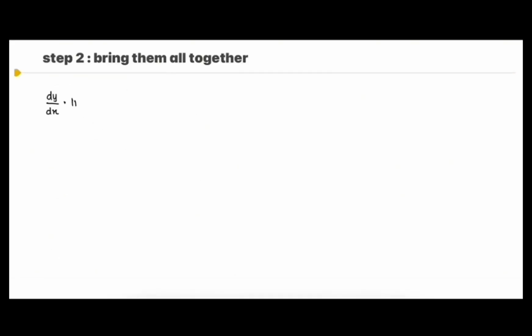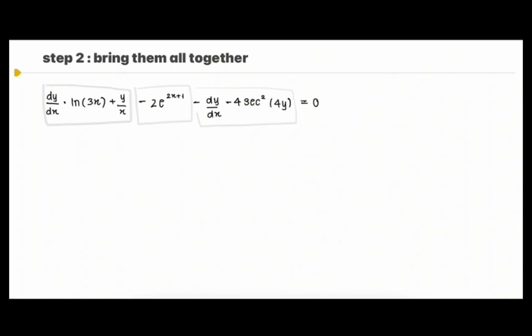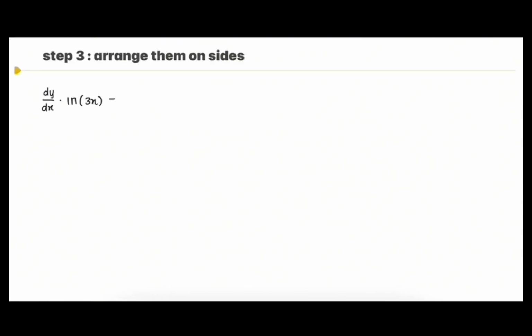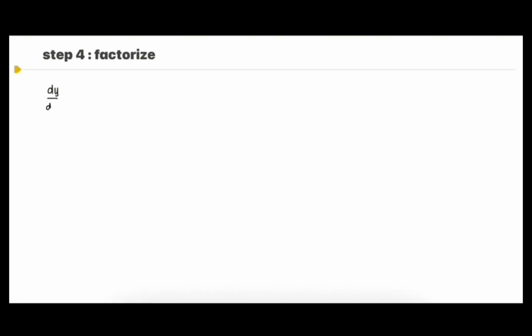The second step is to bring all of them together. So we'll bring components 1, 2, 3 into one single equation. On your left hand side, you'll have the dy/dx terms, and on your right side, we'll have the terms without dy/dx. And the final step is to factorize.